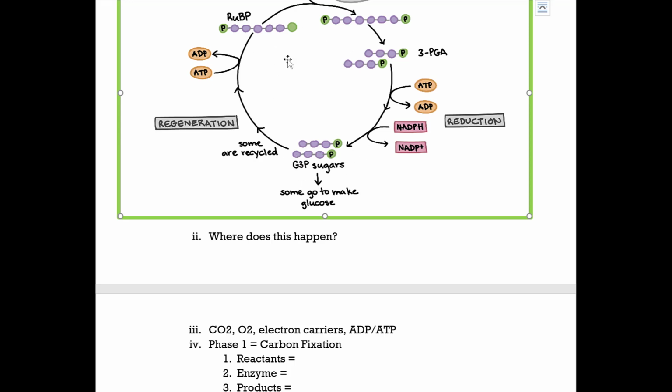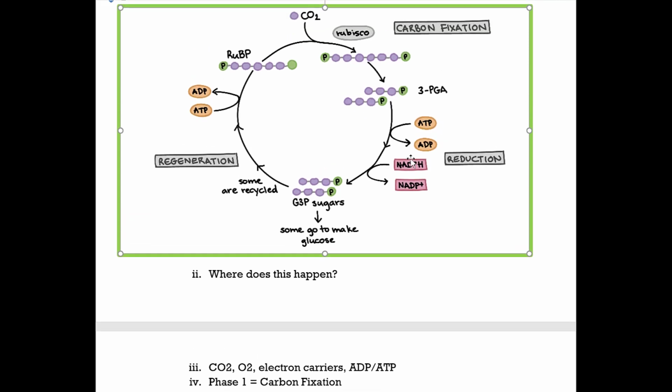And because of the cycle, products of the cycle can be a tricky way to phrase that question. The products of reduction are the G3P sugars. The products of the Calvin cycle would be the G3P sugars, NADP+, and ADP.